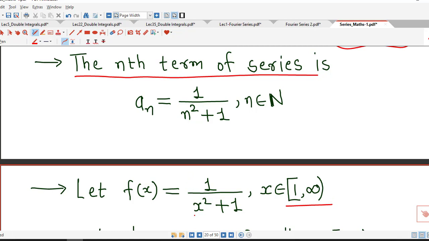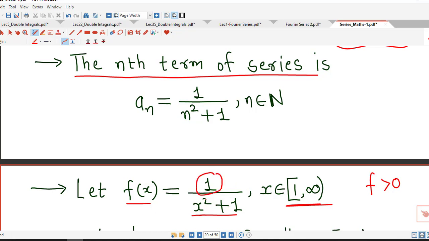Now here we can see x squared is always positive on this interval because x starts from 1. So it is 1 squared plus 1, 2 squared plus 1, and so on. So clearly our function is positive on this interval. Also it is continuous on this interval. It is a division of two continuous functions. x squared plus 1 is a polynomial function, therefore it is continuous.